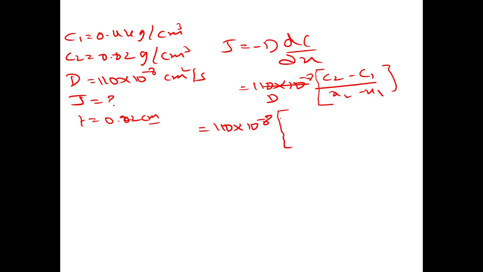Then C2 minus C1 is 0.02 minus 0.44, and x2 minus x1 should be equal to 0.02. Just calculate this value. Please let me know.